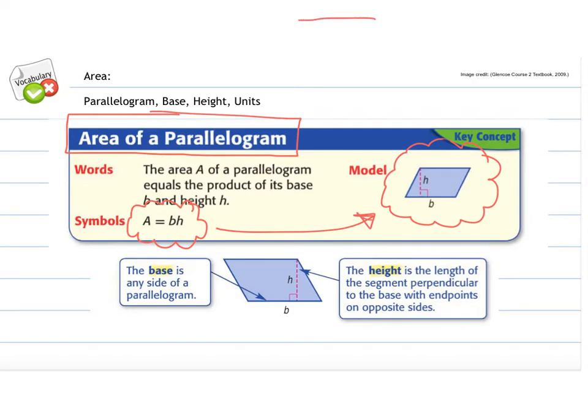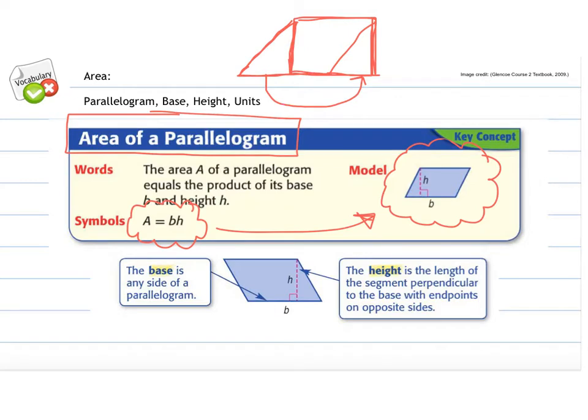So if I draw a parallelogram up here just to show you why it is the way that it is, if I make this a straight line right here, see how it makes a triangle? If I take this and I swing it over here and flip it around, it would basically fit in right here, and you could see now it makes a rectangle.